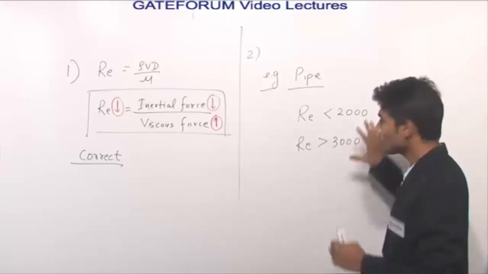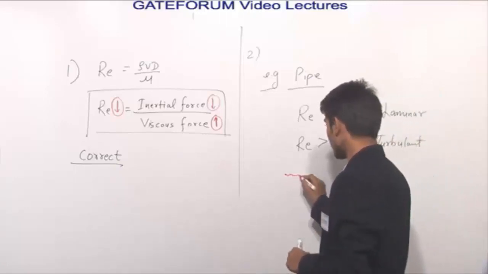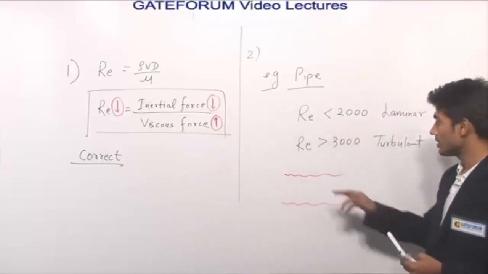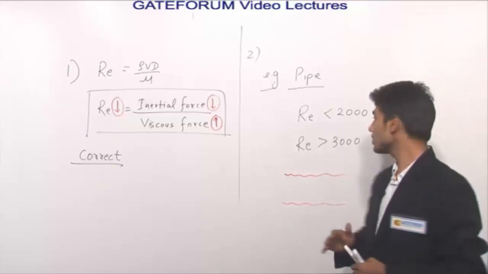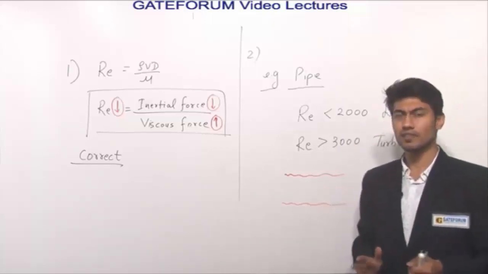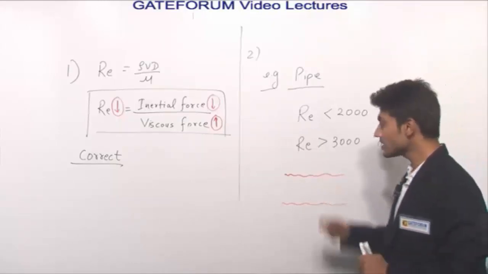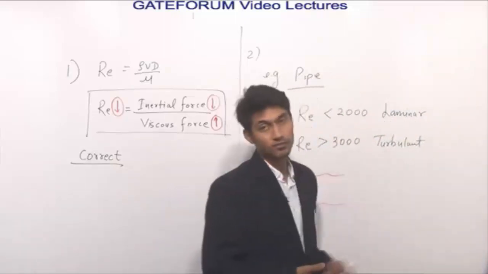And even that depends upon the surface. One of the factors is surface roughness. This surface roughness plays a very vital role in turbulent flow. In laminar flow, we usually don't care about surface roughness, but as Reynolds number keeps on increasing, surface roughness comes into the picture and plays a very important role in turbulent flow.